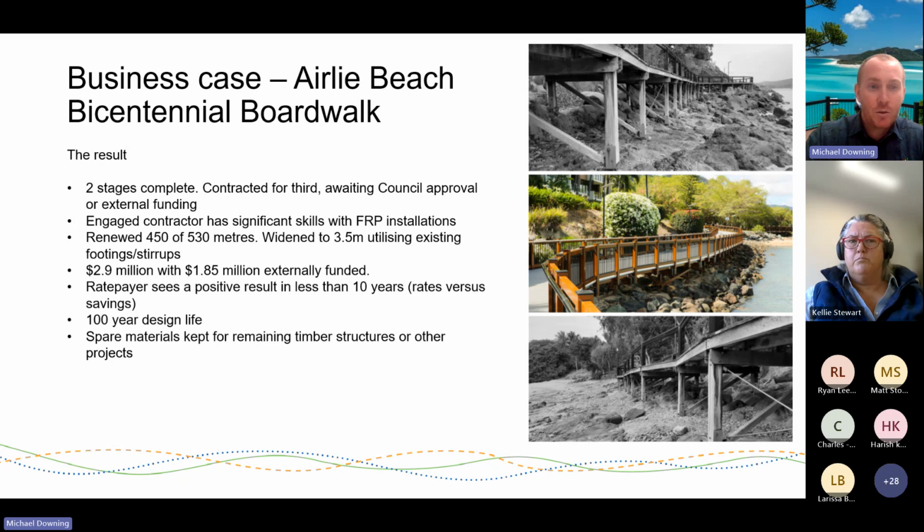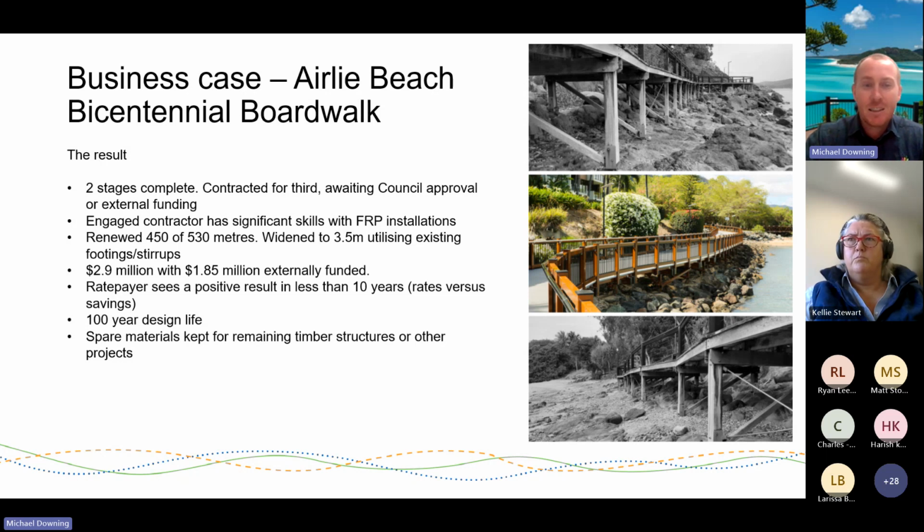Currently completed 2, hoping to get some funding from our council in the next financial year for the last one. To this point, we've spent around 2.9 million, and we've been lucky to put some of that COVID funding towards it, about 1.85 million. What that really has put back into us is those structures are going to be paying themselves off by taking out the ongoing maintenance and materials in less than 10 years.